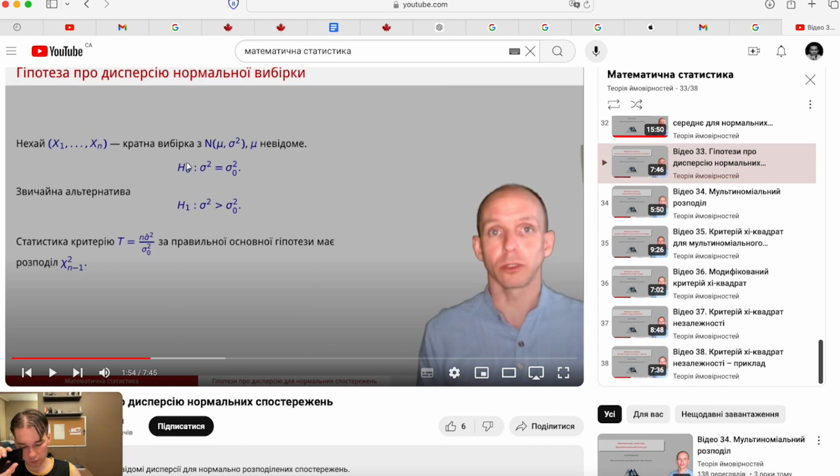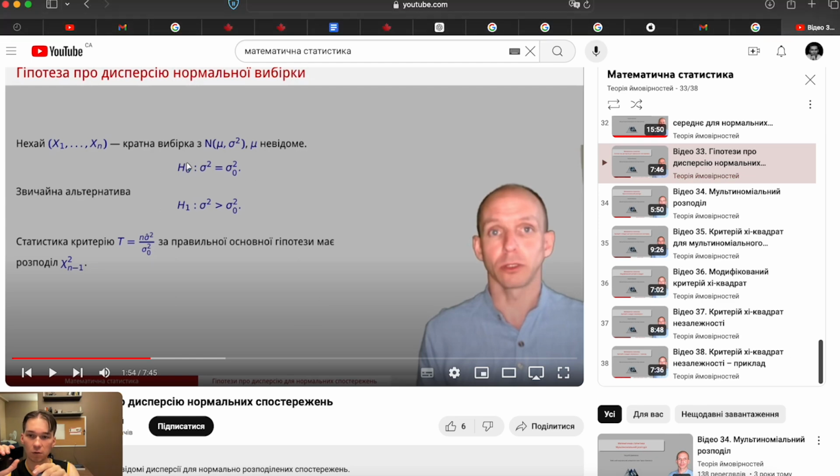Statistic T can be formulated as n, which is the size of our data set, divided by sigma 0 squared, times sigma squared with hat, that's an estimate of the original sigma squared. And if H0 holds and it's true, this statistic has distribution of chi squared with n minus 1 degrees of freedom.